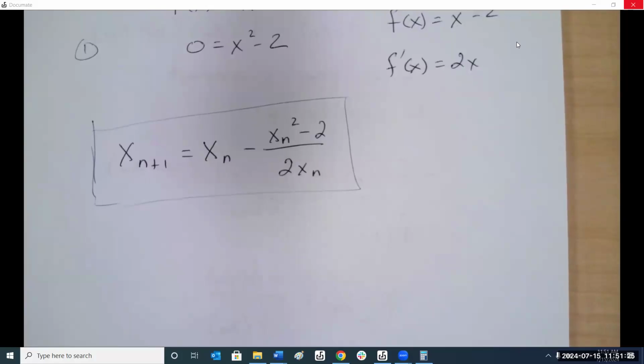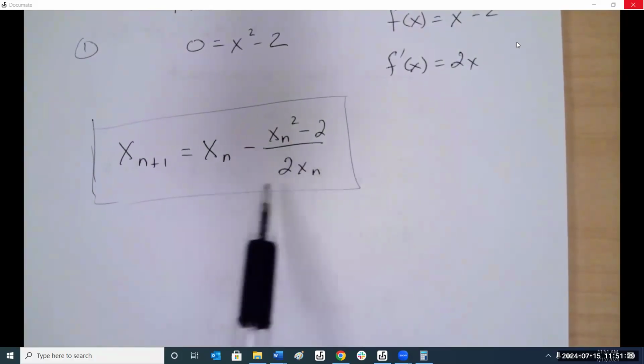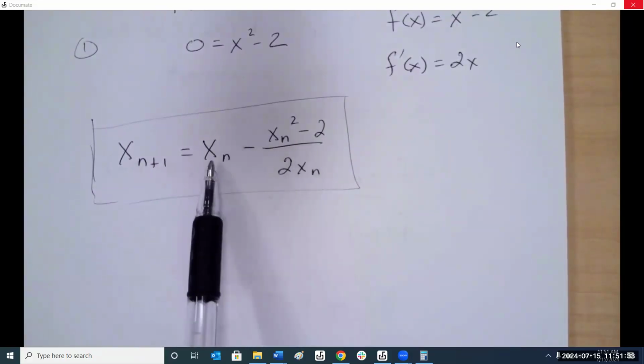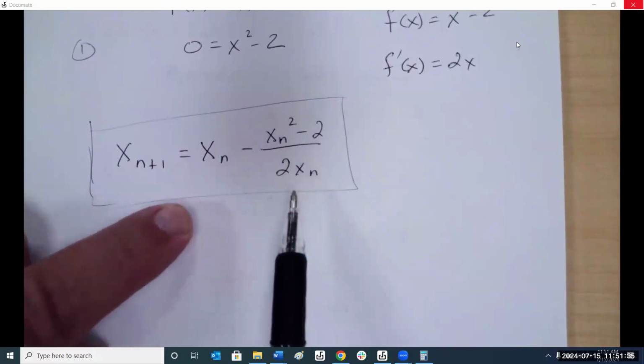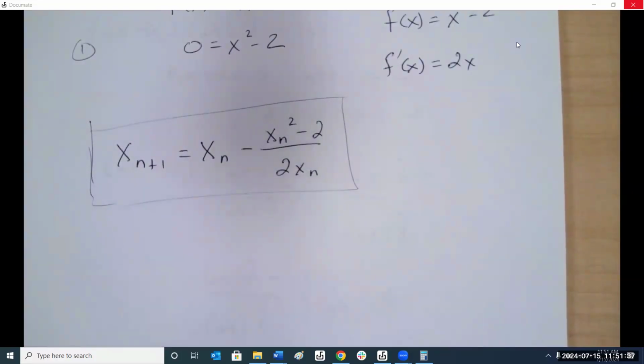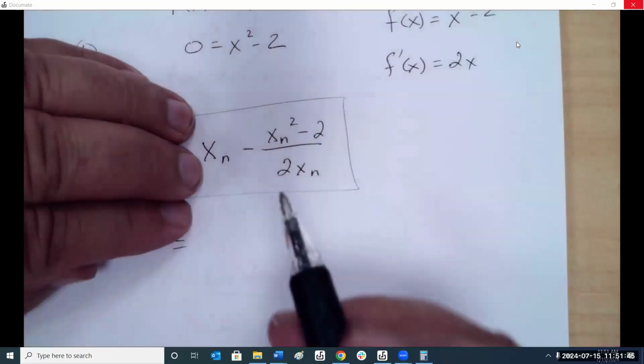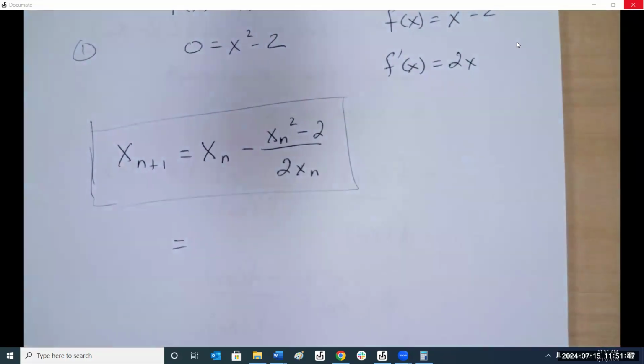You can process this by making the first guess, or you can algebraically simplify this. Usually the best thing to do is to simplify those, to make it into a more compact function. So how will we do that? What will we do to this side to make it easier?